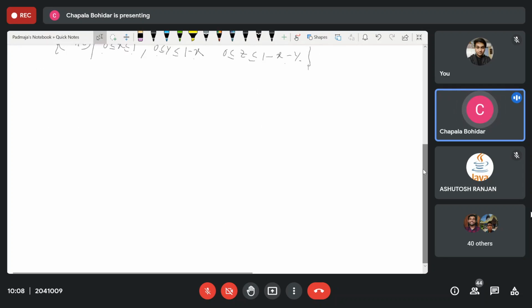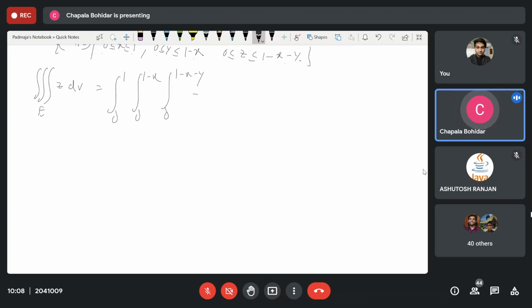Then you integrate, triple integration. Write down the triple integration over E of z dV is equal to integral 0 to 1, 0 to 1 minus x, then 0 to 1 minus x minus y, then it is your z. dz first, this is for z, then dy dx, integrate.